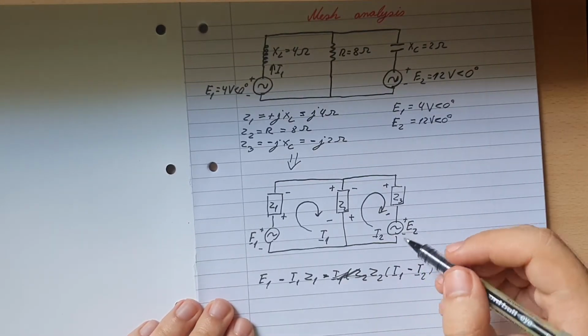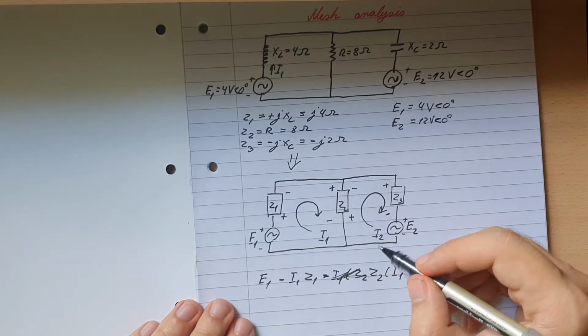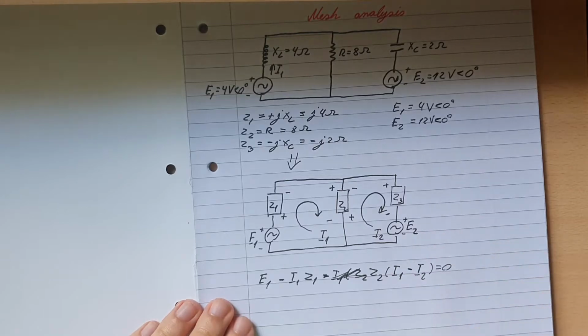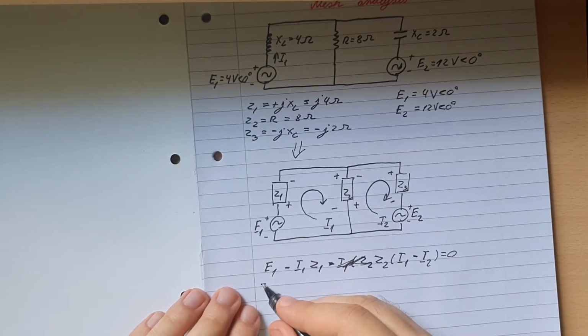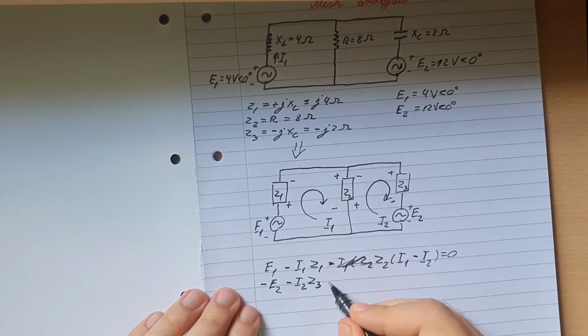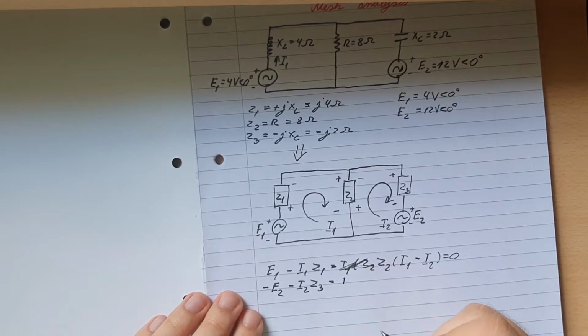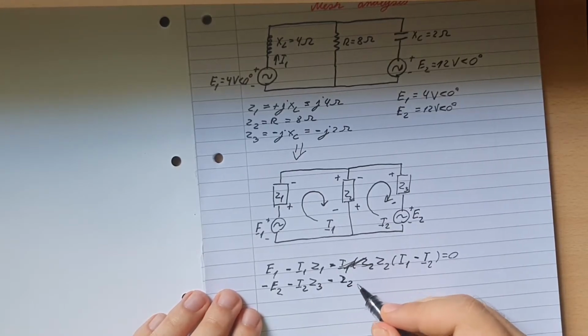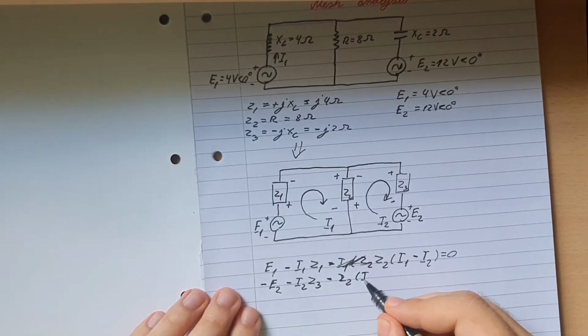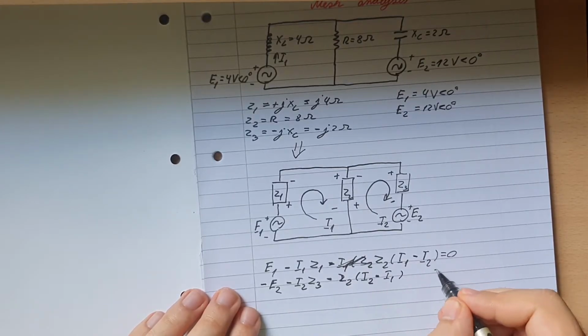Let's see here. So this one is going actually in the opposite direction. Actually, all three of them are going in the opposite direction, so all of them will be negatives. That'll be minus E2 minus I2 Z3 minus, let's see here, Z2, and this time will be I2 minus I1 equal to 0.